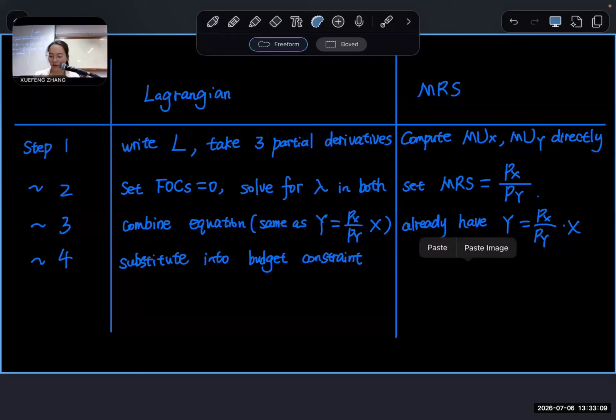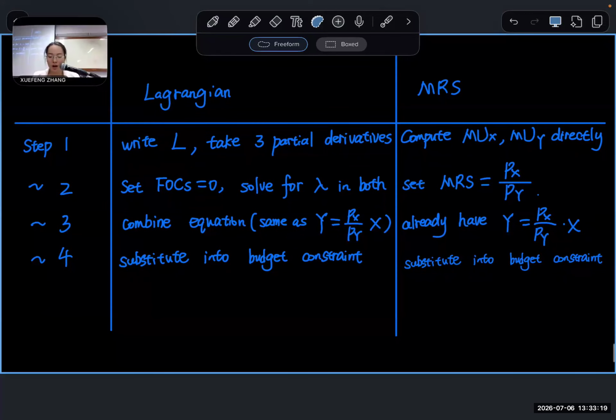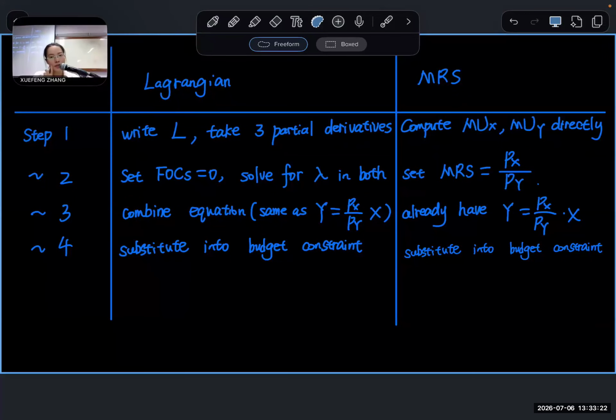So I'm going to copy this one. Okay, those are the different steps for Lagrangian and MRS. Okay, next one.